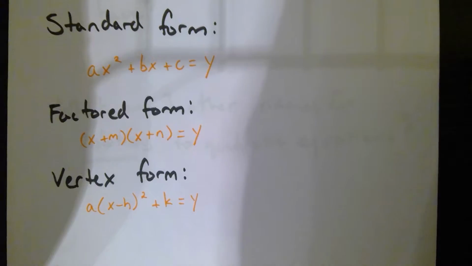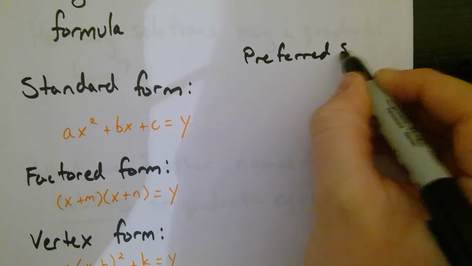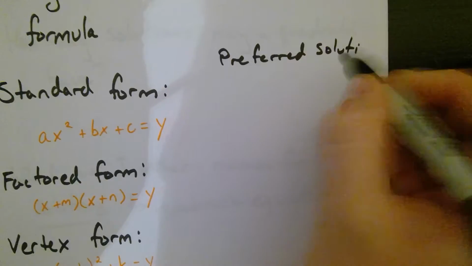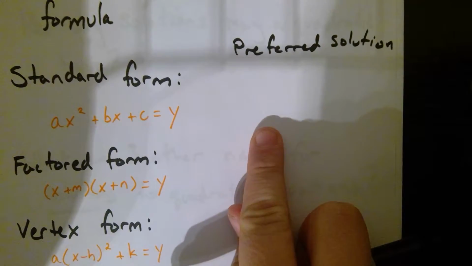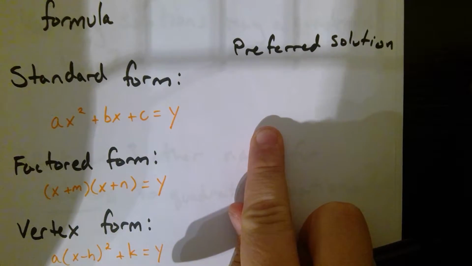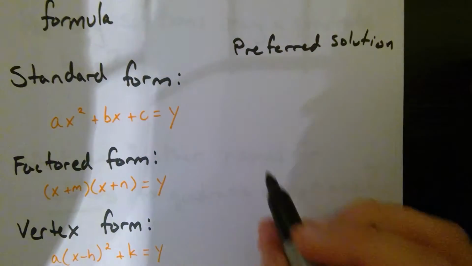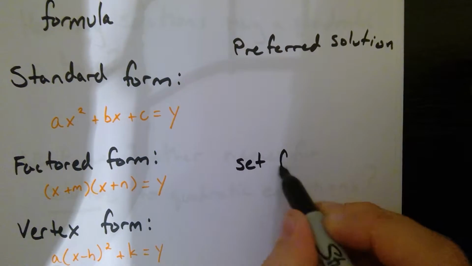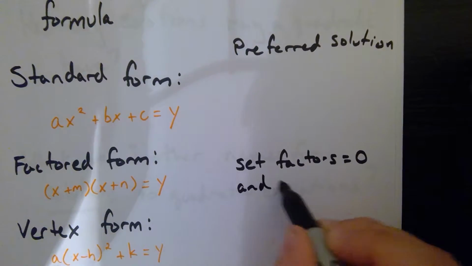Now, I also want to talk about solution methods. We'll go with our preferred solution method. This might be a good idea to keep in mind going forward. I'm going to leave the first one blank since we've not solved directly from standard form yet. That's what this video is going to go through. Factored form, we're going to set factors equal to 0 and solve.